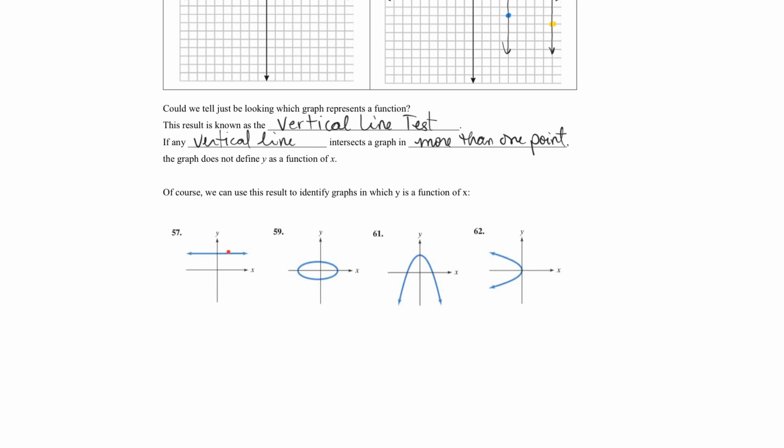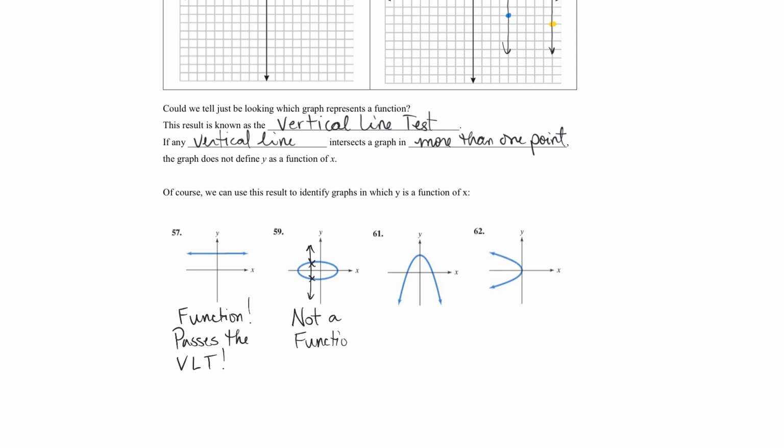And I can see that this horizontal line would most assuredly pass a vertical line test, right? So this one represents y as a function of x. It passes the vertical line test. And we can abbreviate that just VLT, right? Now, the second example here does not represent y as a function of x because it fails the vertical line test, right?